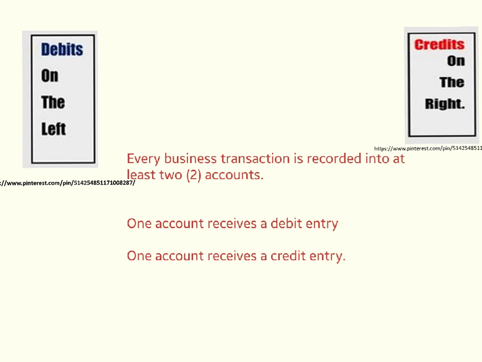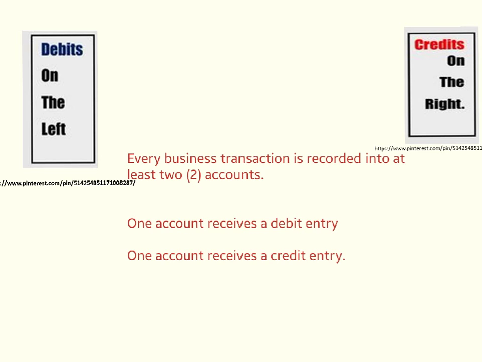Now, because of the double entry bookkeeping accounting system, which we've talked about a little bit in class, every business transaction is recorded in at least two accounts. But right now we're going to start with it being just two accounts.